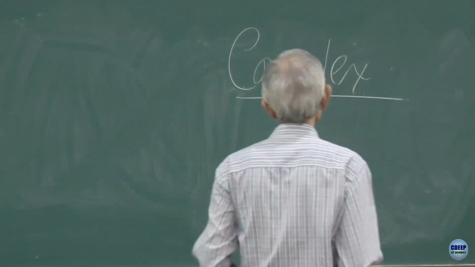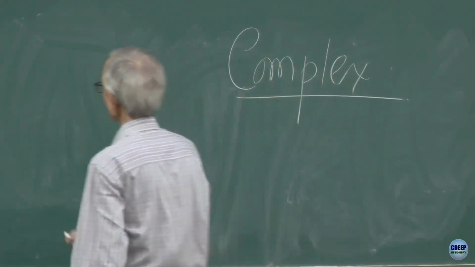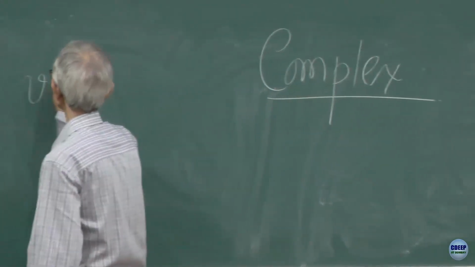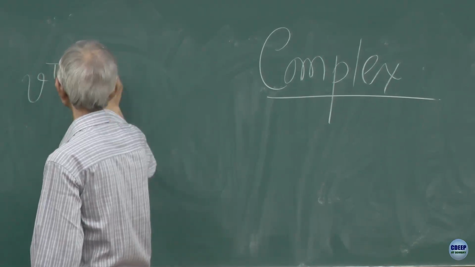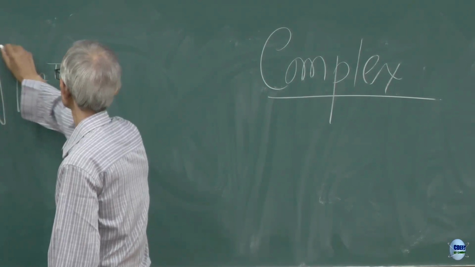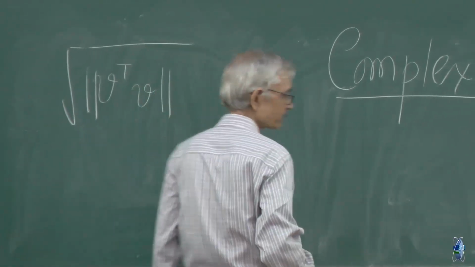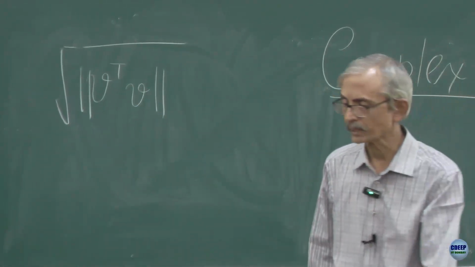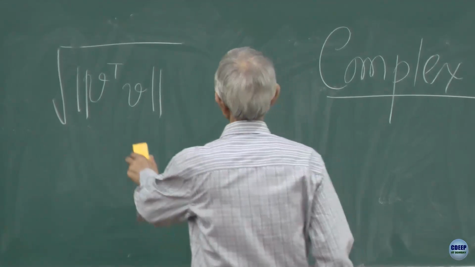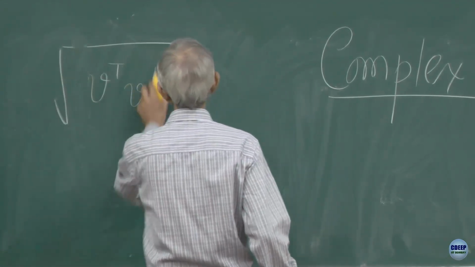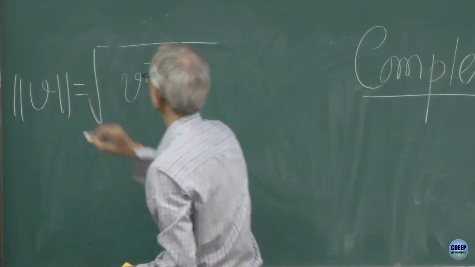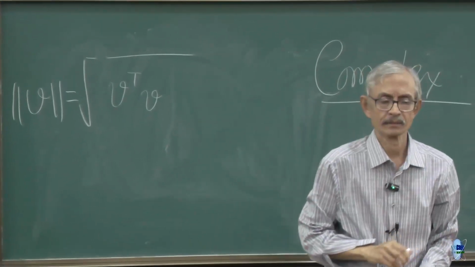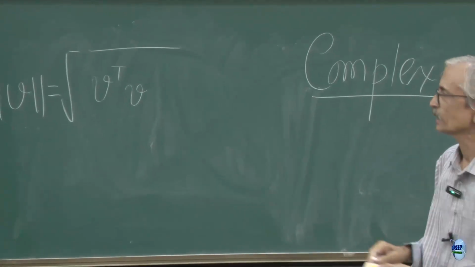We have said that we need the magnitude of a function, and for a vector, once again we said that V transpose V is going to give me the magnitude of the vector. So if I have a vector V, then the magnitude of the vector, this is something that you have seen in the past several times.